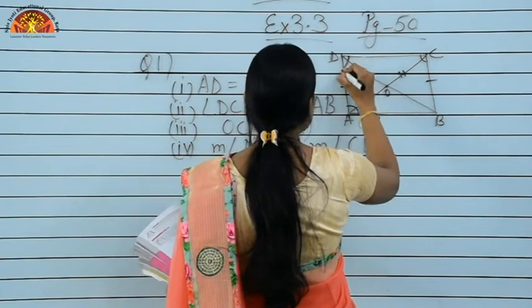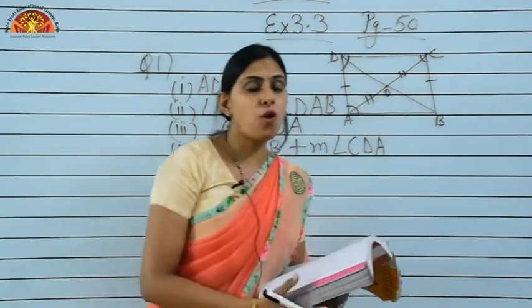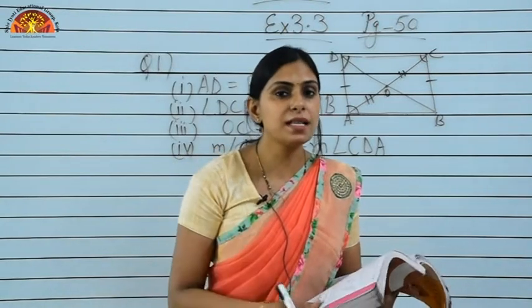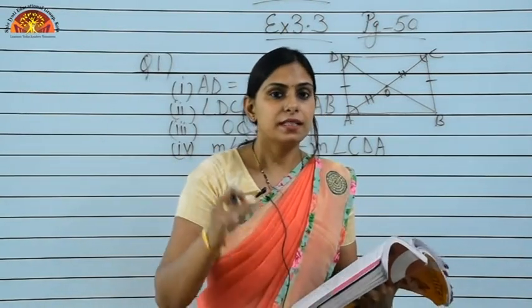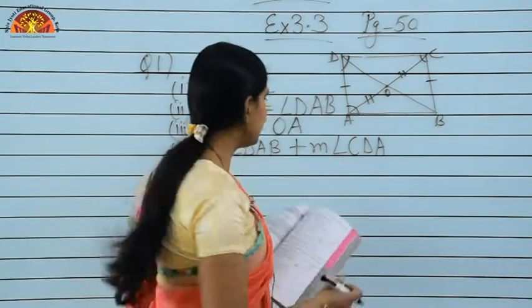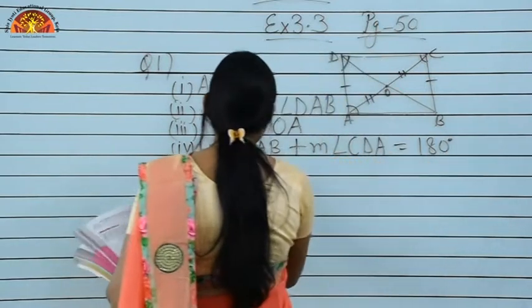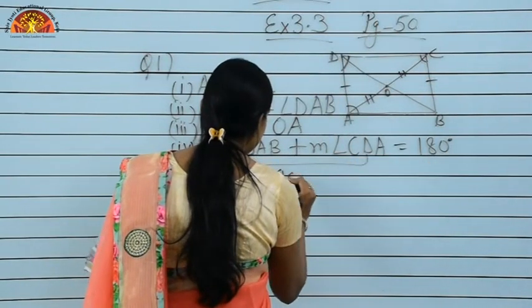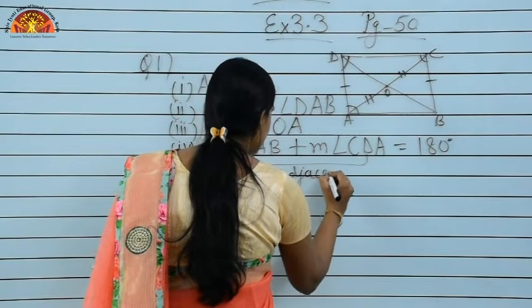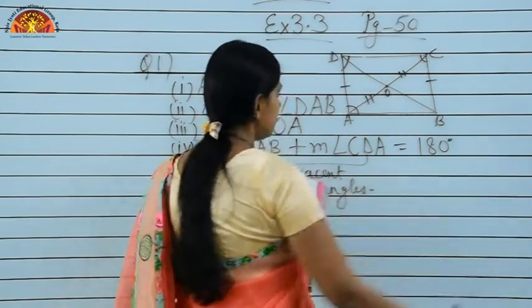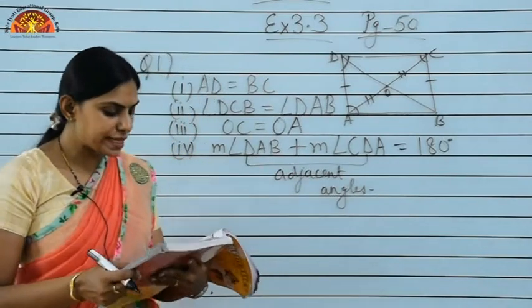These are both adjacent angles. Children, as you already know, the sum of adjacent angles in a parallelogram is supplementary. That means the adjacent angle sum is 180 degrees. So it is equal to 180 degrees because these both are adjacent angles. Got it? Now just move to the next question.